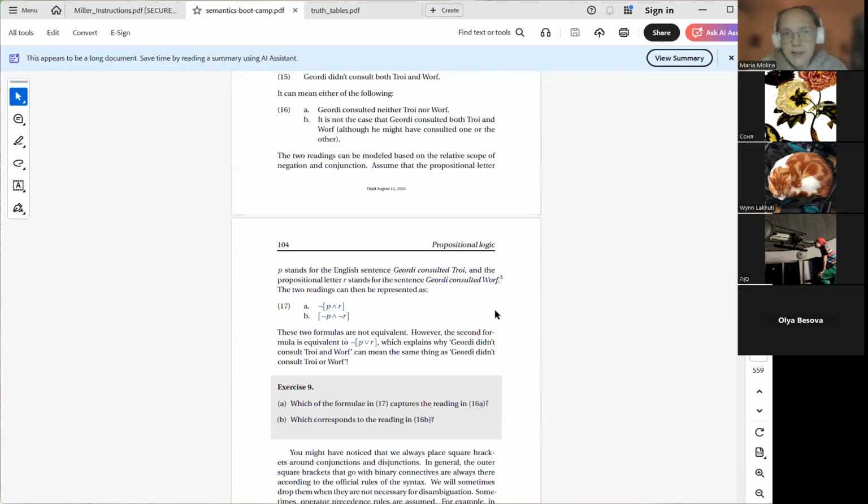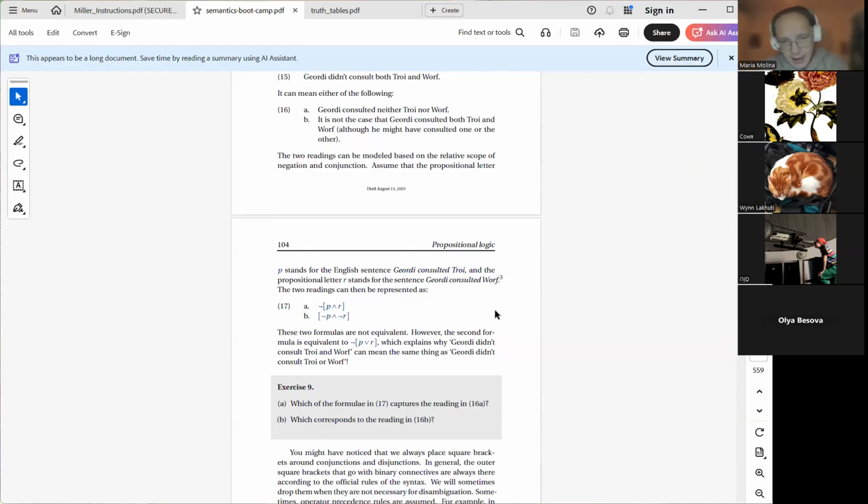So, with the example that was suggested, Jody didn't consult both Troy and Worf. This can be represented as: we have two propositional letters. Jody consulted Troy and Jody consulted Worf.